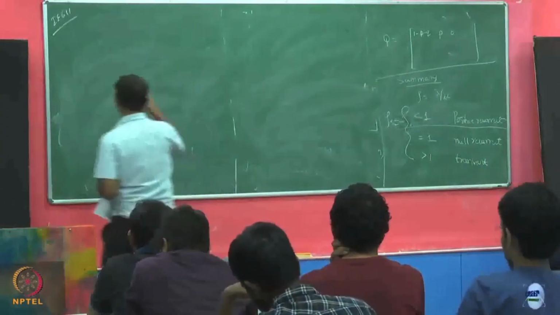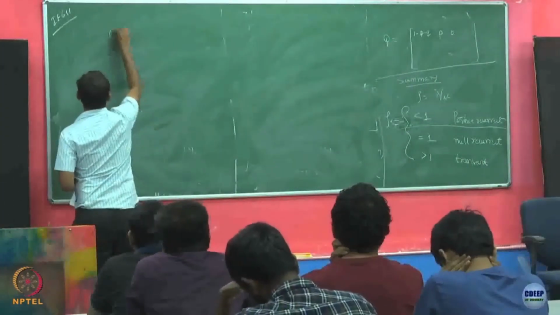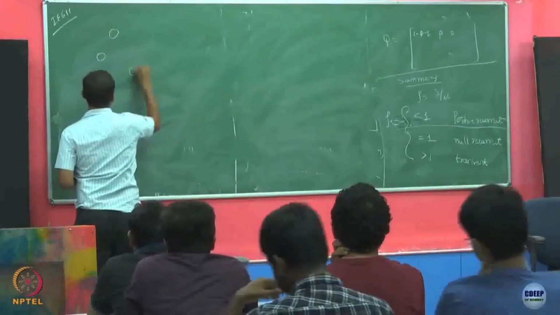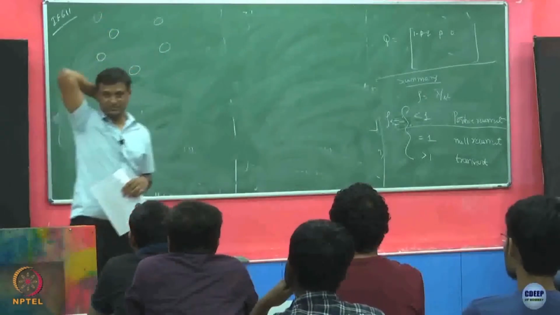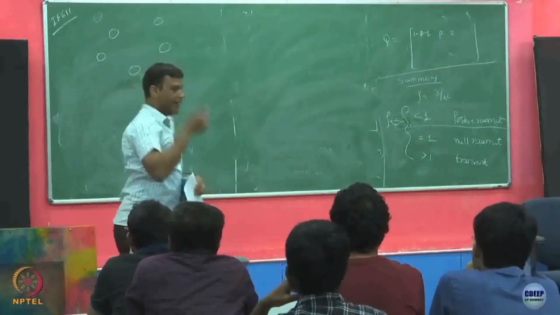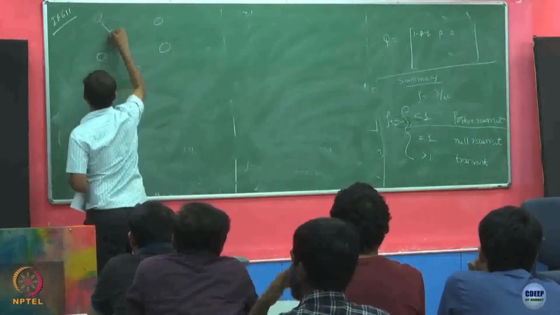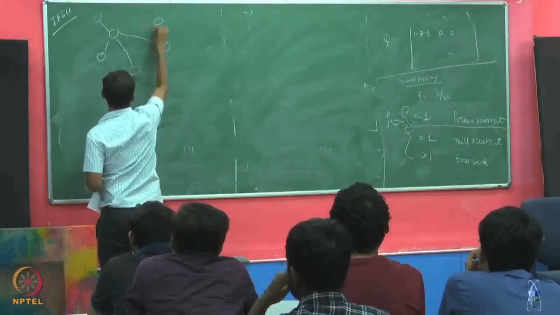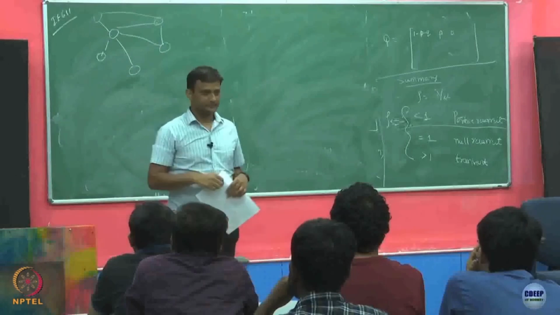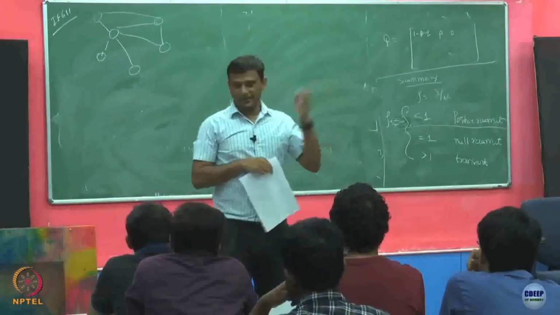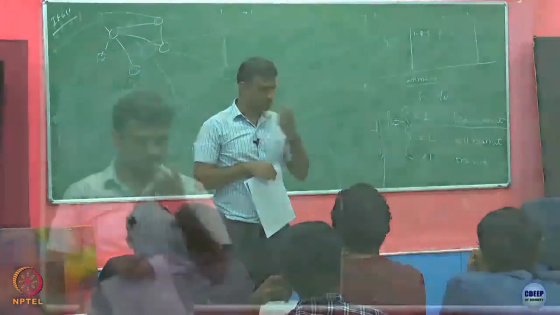Suppose I have several nodes, and think of each one of them as an HTML page. They have cross linking, they refer to each other in whatever manner, and each one of them has some importance.